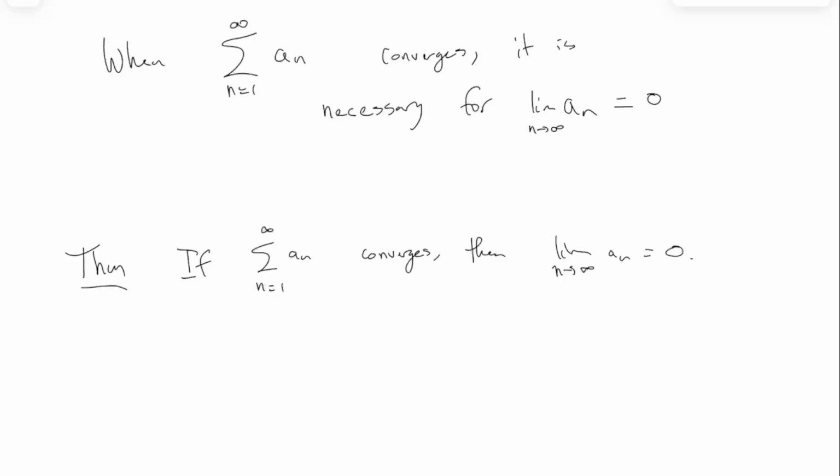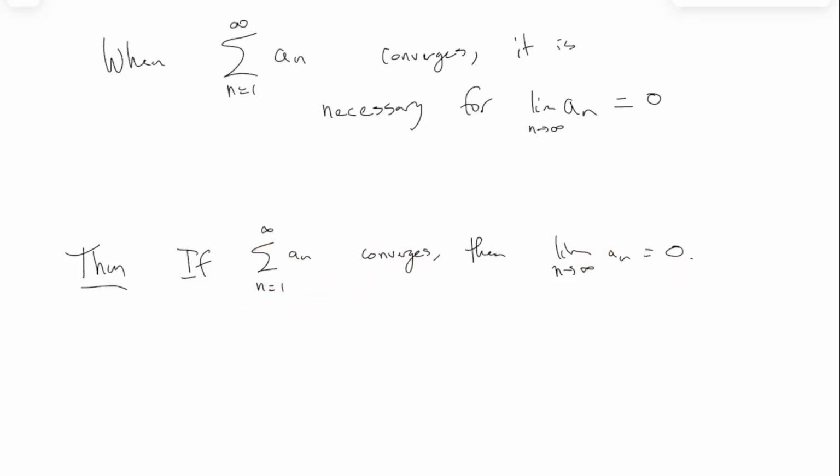I want to talk about why this is true, and I hope that on some intuitive level this seems clear to everybody. Because if the limit did not equal 0, the things you're adding together are not especially small. If this limit equals 2, you're trying to add together infinitely many things, each of which is about 2, which of course is not going to add up to a finite amount. So if you want this to converge, this limit has to be 0.